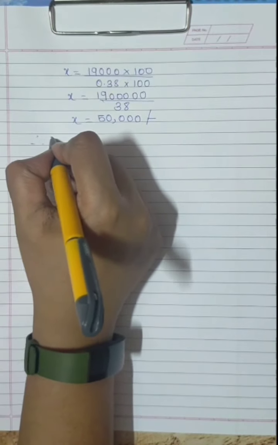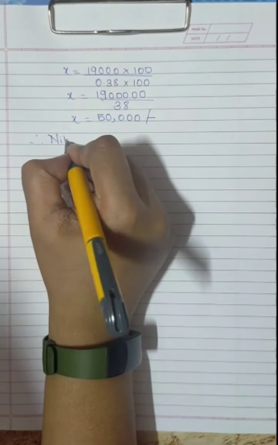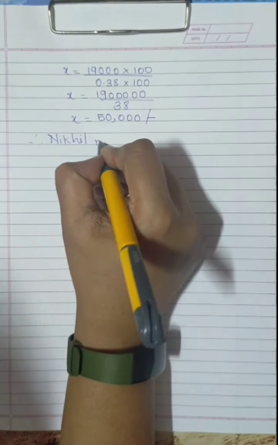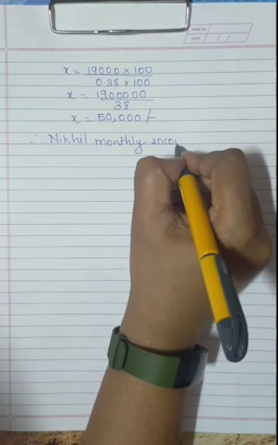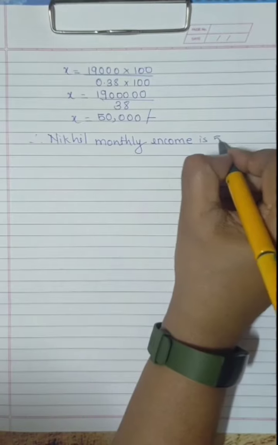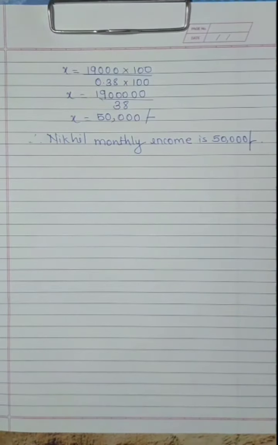So therefore Nikhil's monthly income is 50,000. We have solved question number 3.